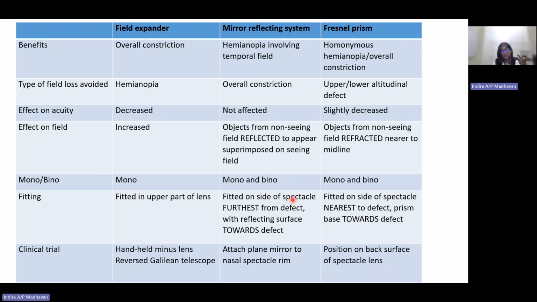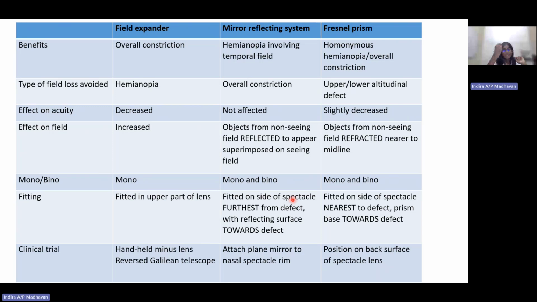something like for a presbyopic patient, the pocket-size reading addition that is fitted on the lenses. The same can be fitted to the patient at the superior part of the lens. At this area of the lens, the field expander power can be embedded.